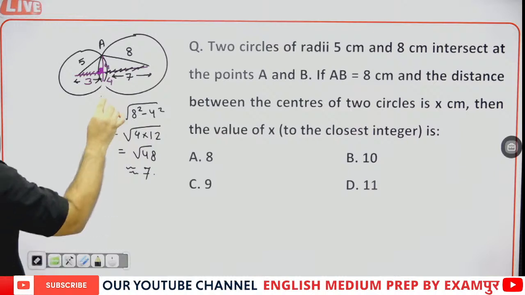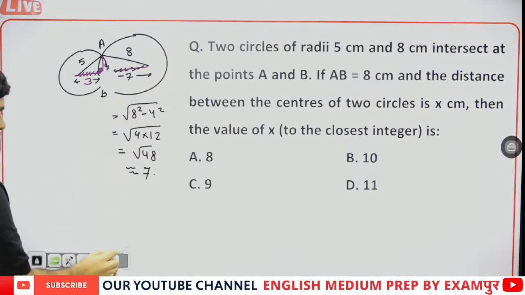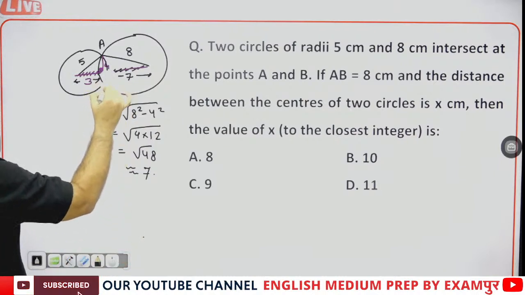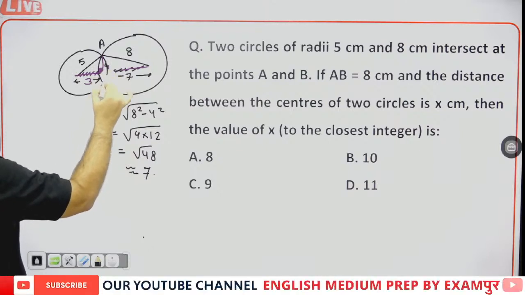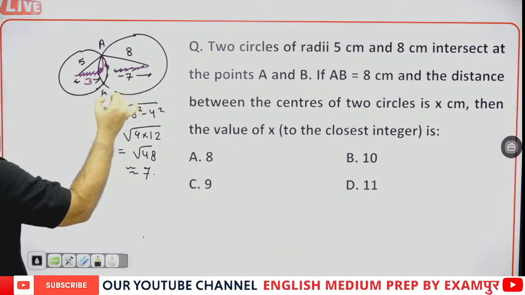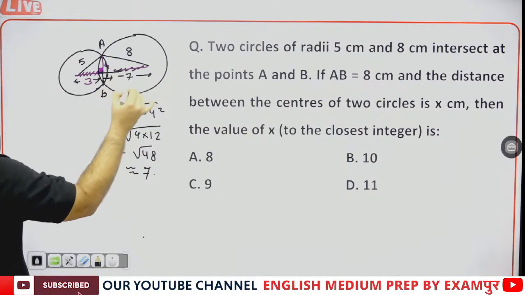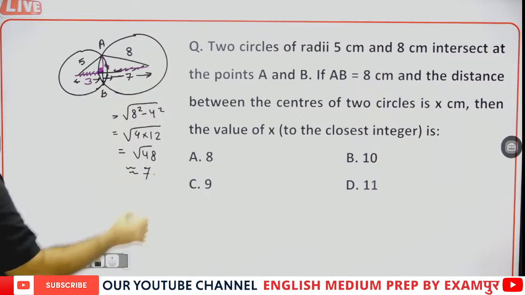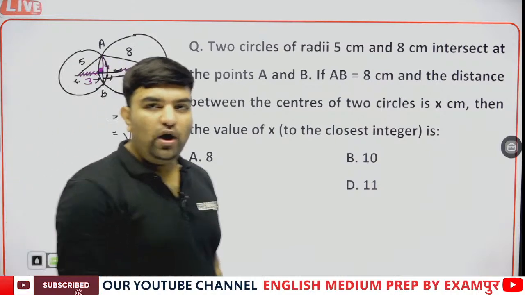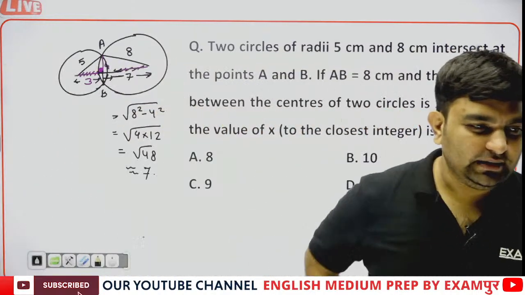I'm rounding this value, otherwise it can give you confusion. So one part is 3, another part is 7.